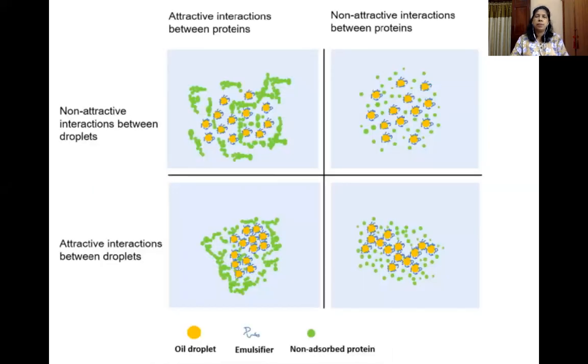When you see this picture, you can see the non-attractive interaction between droplets and the attractive interaction between proteins in the top left corner figure. The green color one is non-adsorbed protein, the yellow color one is oil droplets, and the other one is emulsifier.